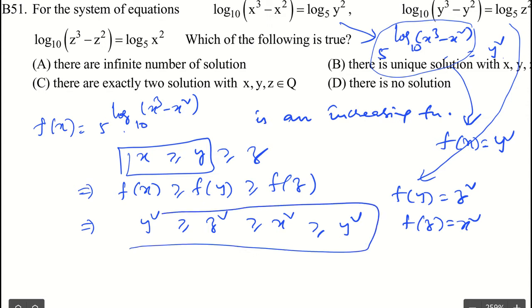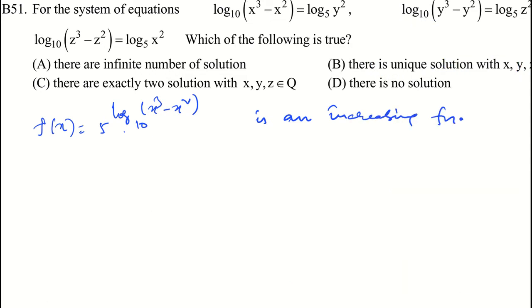So from all this, we get x square equal to y square equal to z square, and all are greater than 1. So thereby I get x is equal to y equal to z. So far we have seen that this function so defined is an increasing function, and under the given equations, we got that x is equal to y equal to z.